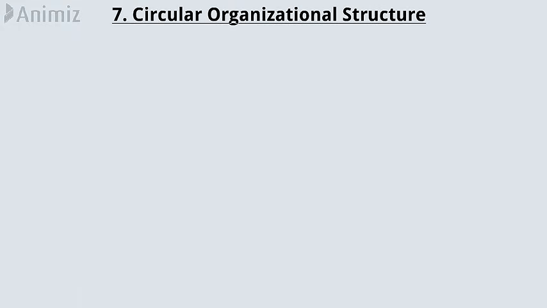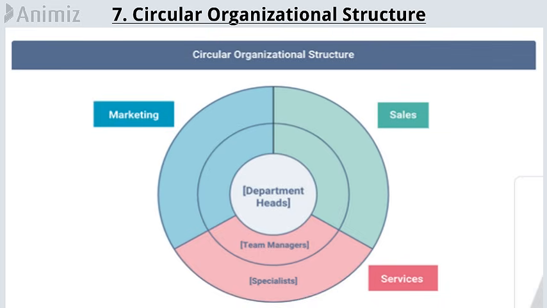7. Circular organizational structure. The appearance of the circular organizational structure is different from the rest of the organizational structures, but it still relies on the hierarchy, with higher-level employees occupying the inner rings of the circle, while the lower-level employees occupy the outer rings.